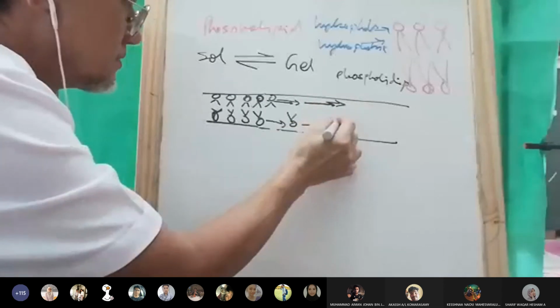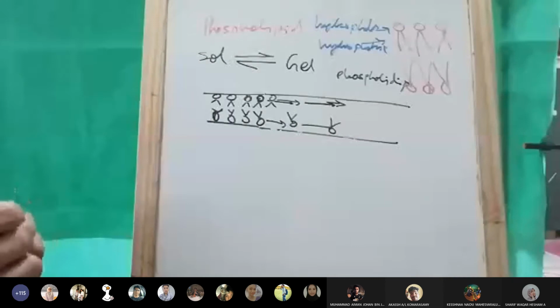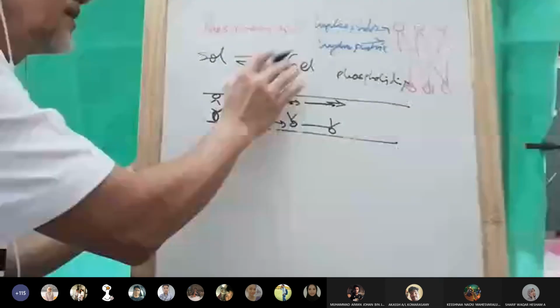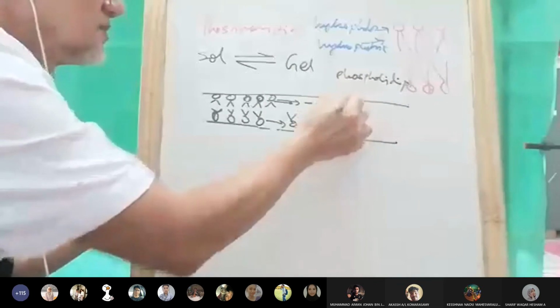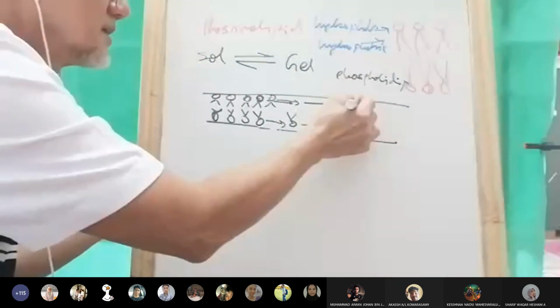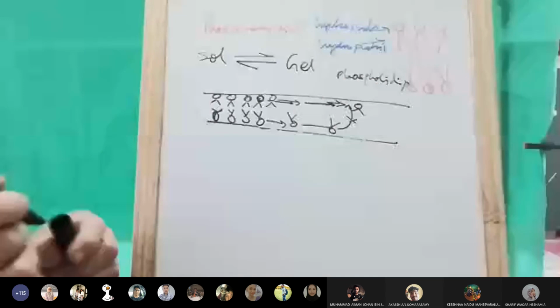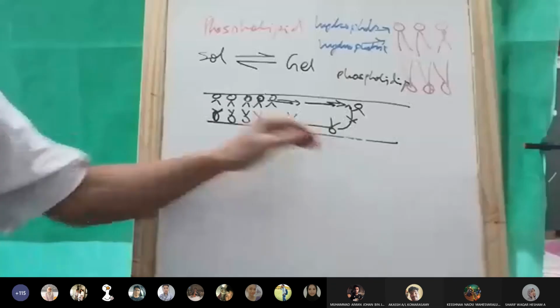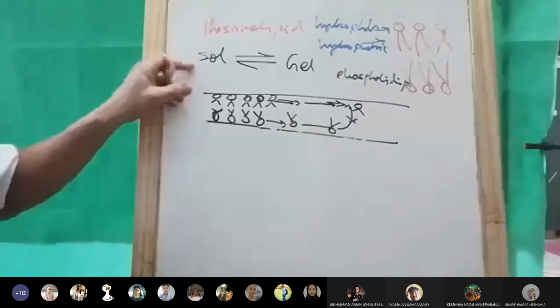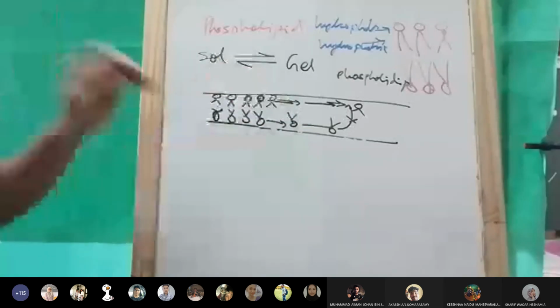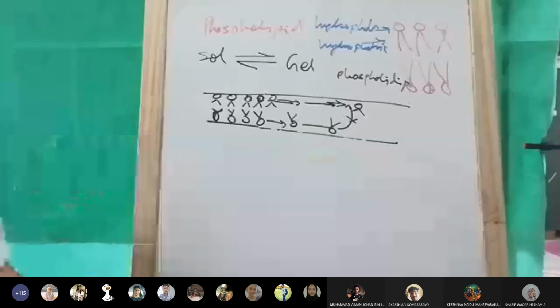It can move within the plane of the cell membrane, but it cannot flip over to the other side. Most phospholipids are not able to do that. They stick to one plane. If they are facing outside the cell, they will move on the outside plane. If they are facing inside the cell, they will only move facing inside. Understood?